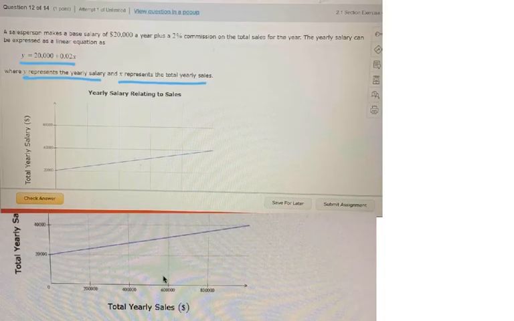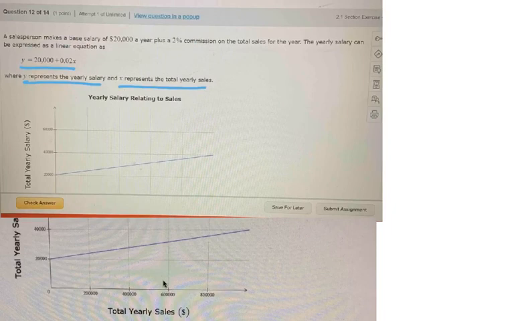So what you have to ask yourself is, does the 500,000 represent the yearly salary, or does it represent the total yearly sales? And what compounds the issue is they both say yearly. So the real key is asking, what's significant about y? Y is the salary and x is the sales.